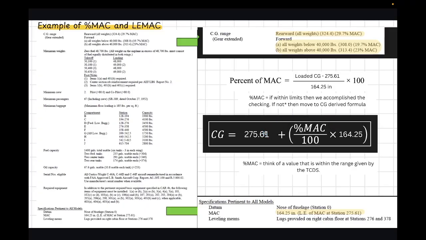That's all right. But if it's outside limits, that's wrong. It is already indicated in the TCDS, so why try values outside a certain range? Okay, guys? So again, if we input a percentage Mach, always check our limits. It should be within limits only.